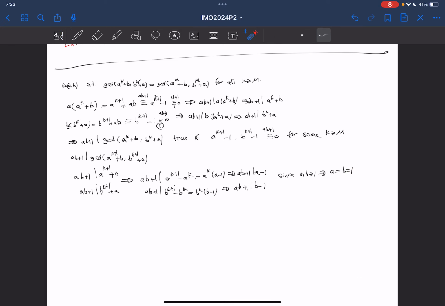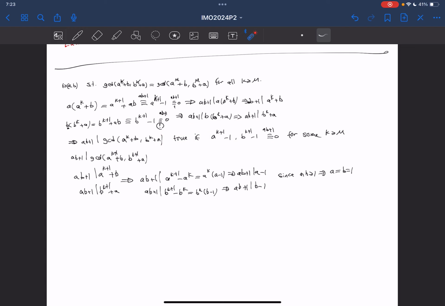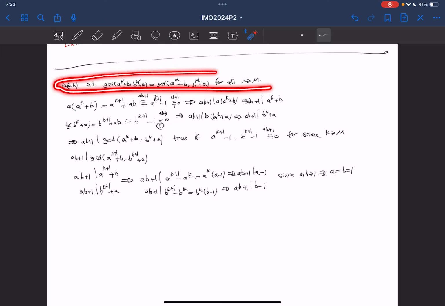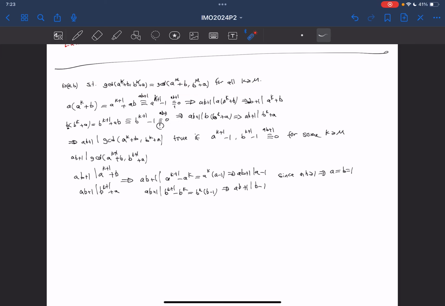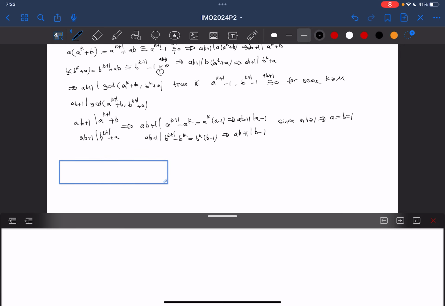So basically I'm left to show this. I'm left to actually find some k larger than m. m was such that I have this identity here for all k larger than or equal to m. Now I just need to find k such that this is true, right? But this should follow immediately from Euler's theorem, right?